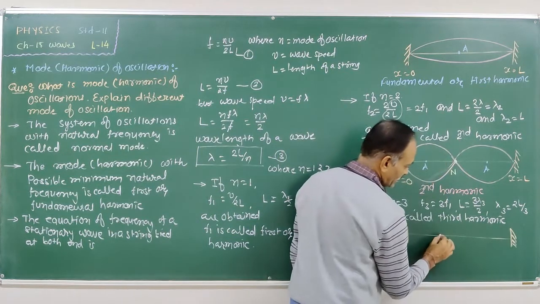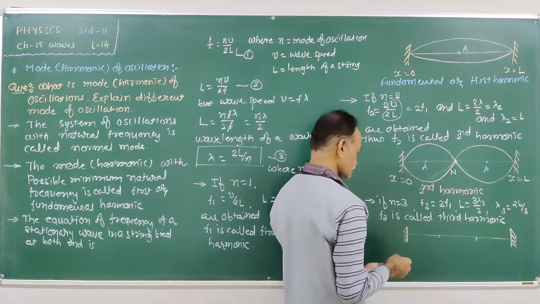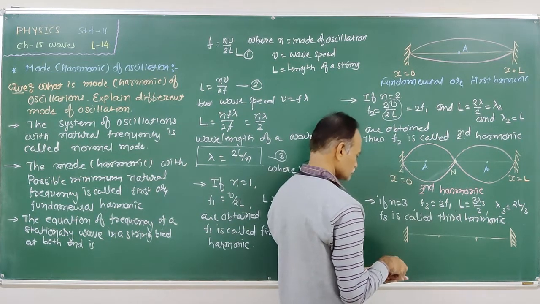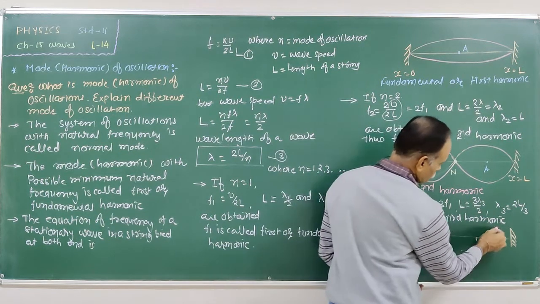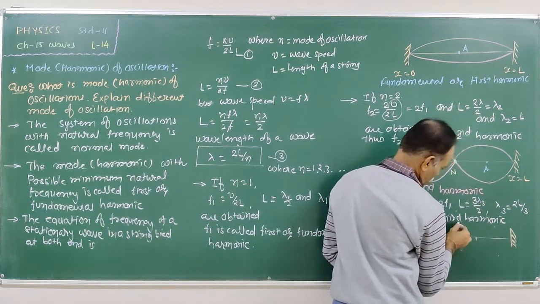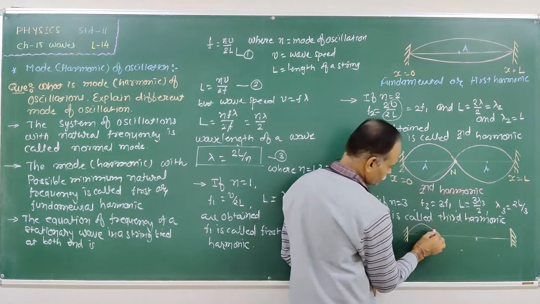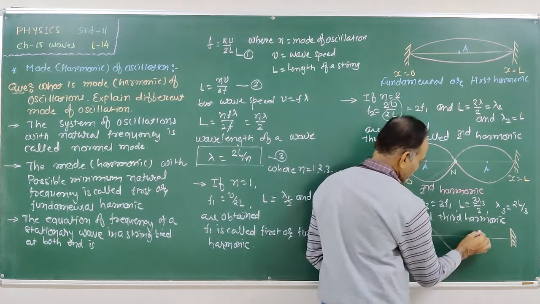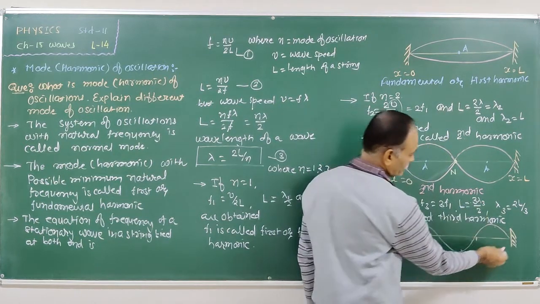So here 3 parts take place, three times lambda by 2.